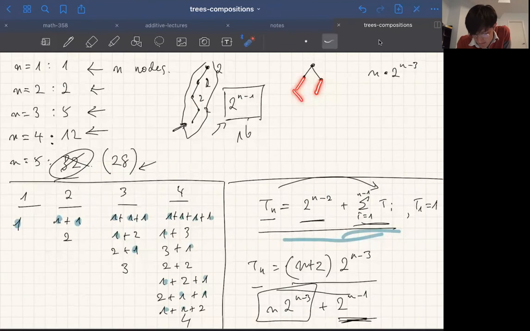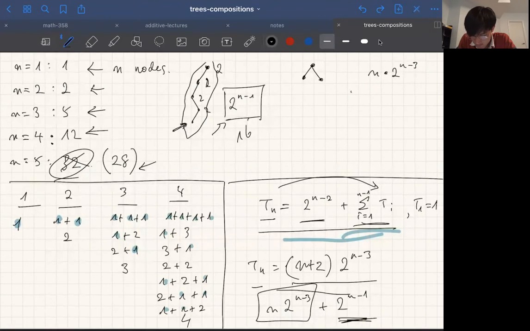Now there's 2 to the n minus 2 ways of adding them on the left. You add 1 on the right. Let's see what this adds up to. I'm not sure it'll be exactly what we want, but let's see. So say we add 1 on the right.